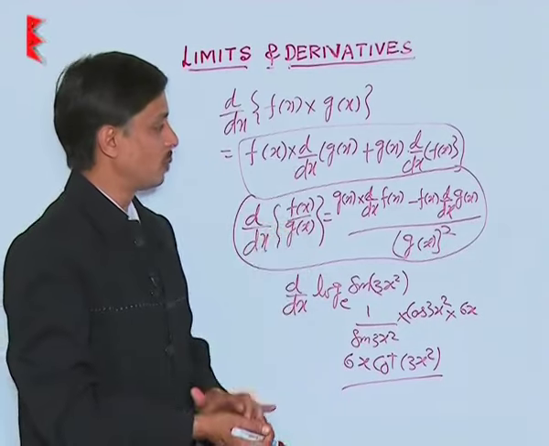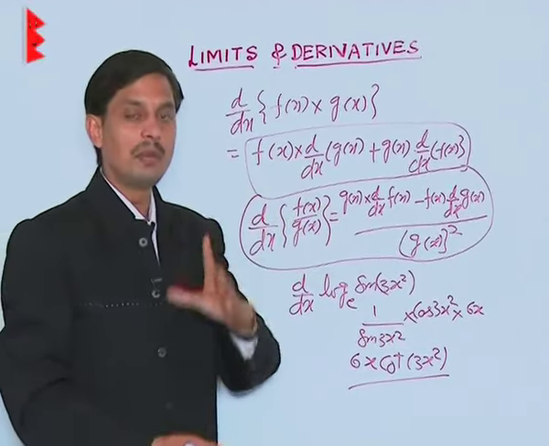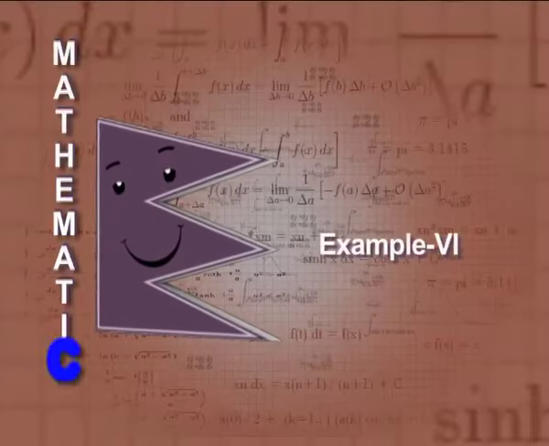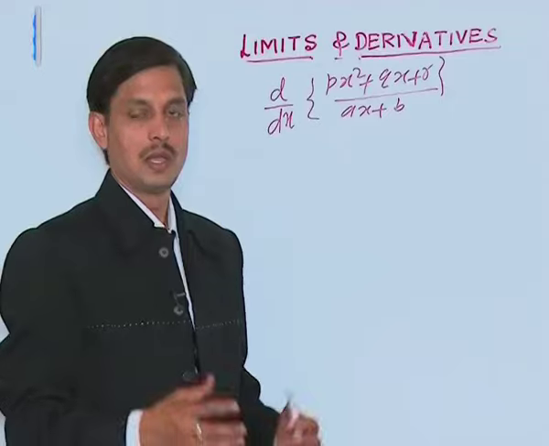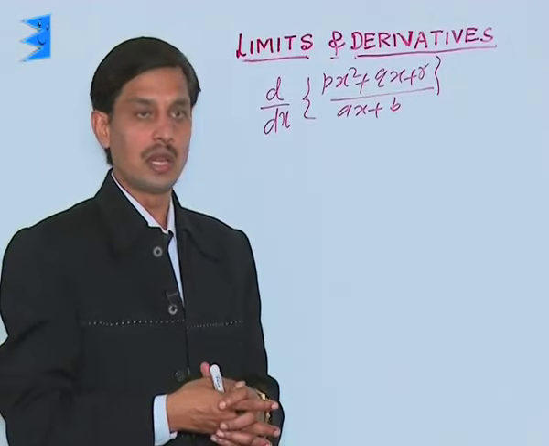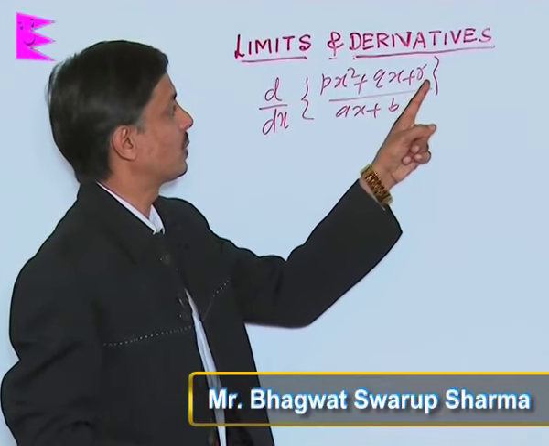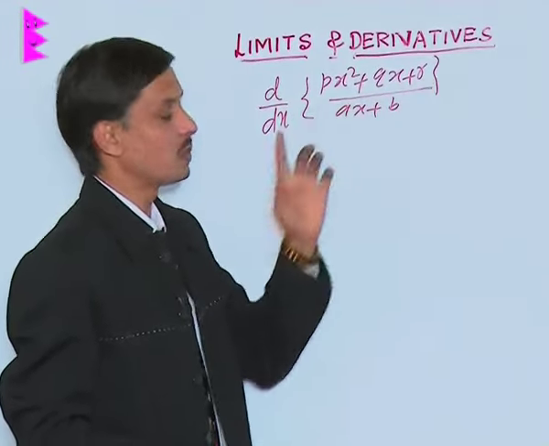I will explain a few problems related to the product and the division rule. Now I am taking a problem where the division rule, the quotient rule, is required. Find the derivative of px square plus qx plus r upon ax plus b.